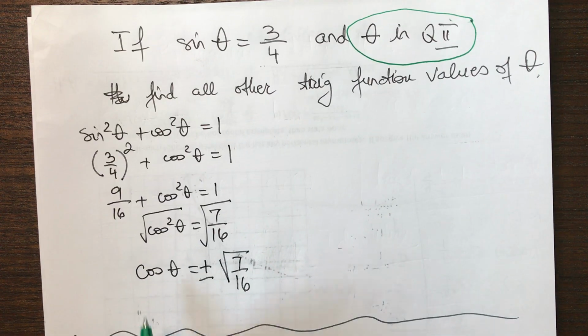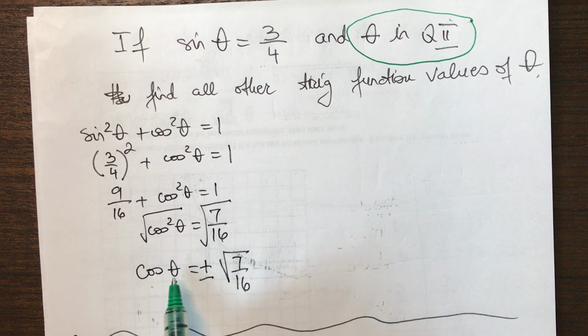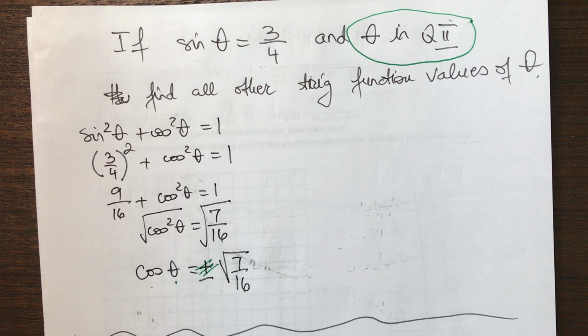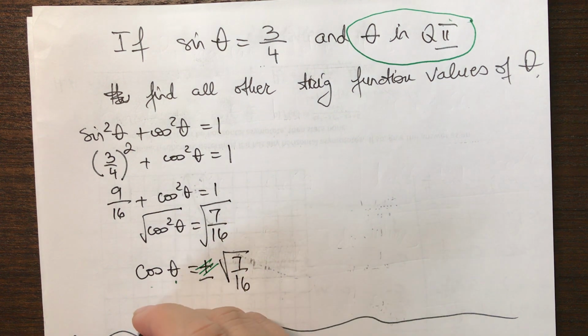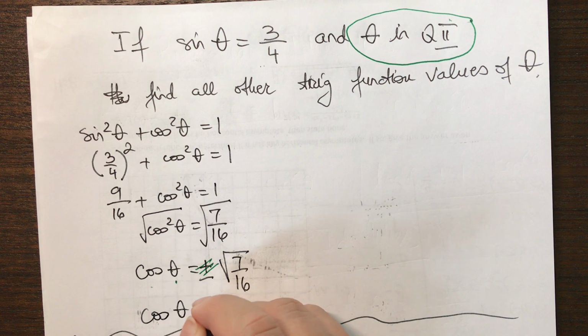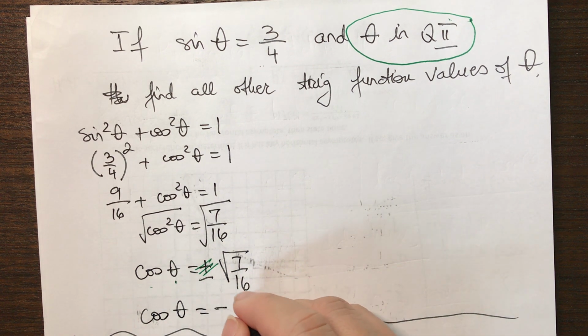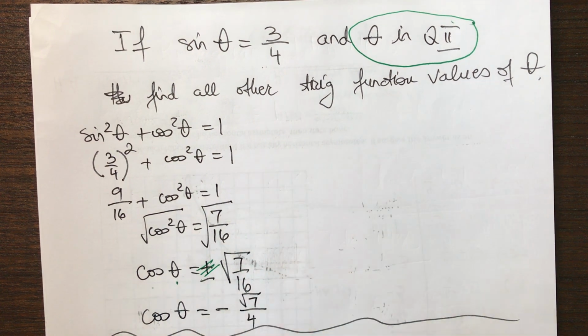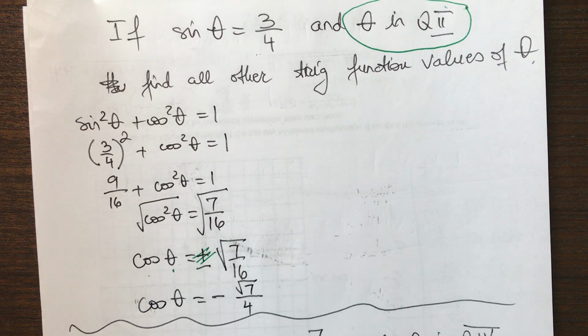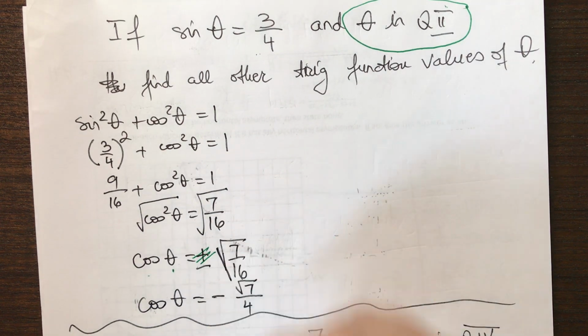What do we know about the cosine value of an angle in quadrant 2? We know that cosine of an angle in quadrant 2 is a negative. So this is where I get to choose the sign. Sure enough, I'm going to do one more thing and simplify this by taking out the 16 outside of the square root symbol, right? So that's a square root of 7/4.